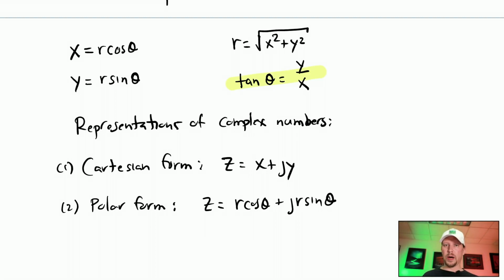Now, one thing that we're actually going to introduce in just a little while is Euler's identity. If this was the end of the story, and these were just the two different forms, then phasors, which we're going to introduce later on, would not be all that useful. But Euler's identity is going to allow us to greatly simplify mathematically the polar form and make it much more useful and suitable for easier calculations.